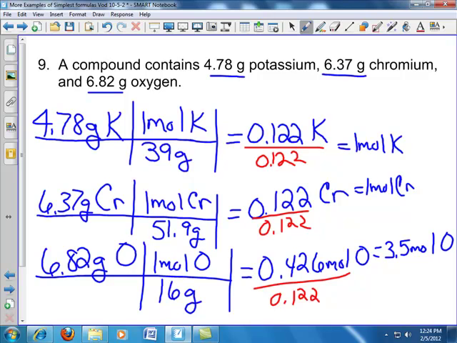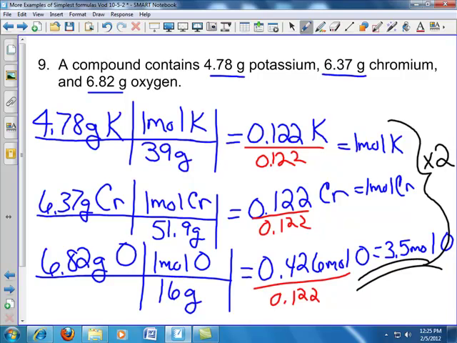So there's your issue again. I have a 3.5 in here. This 3.5 is not close enough to round up or down. I do not want to round that to a 4.